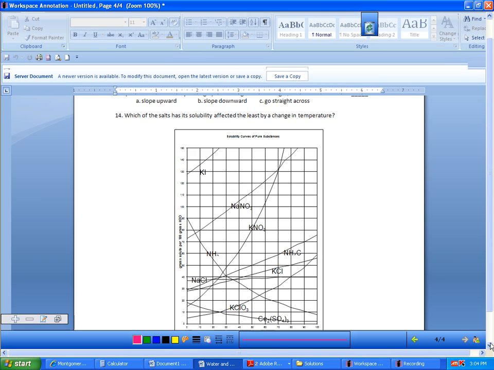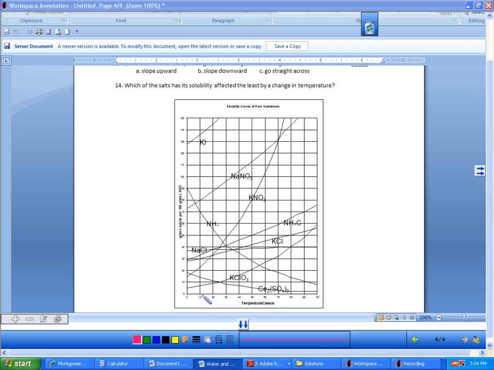So if this is 10 degrees here, that's the first one I run across. That one looks like KClO3, so I'm going to say KClO3. All right, KClO3, the answer to number 1.